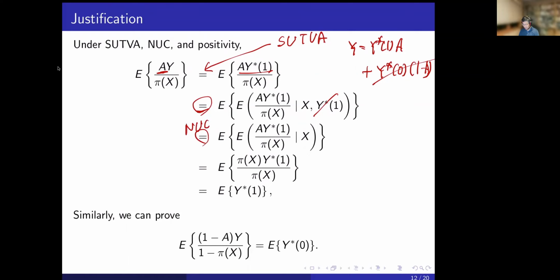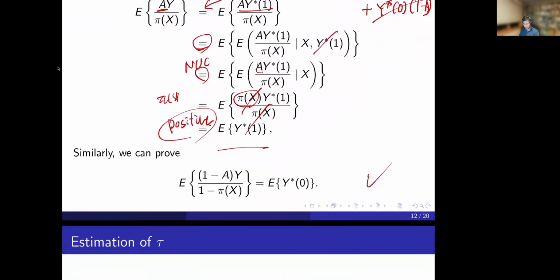And then from here to here, you get the expectation, which is basically the propensity definition of pi(x). And then to cancel it out you need positivity, so it cannot be 0. So that's this one. Same, you can prove this.